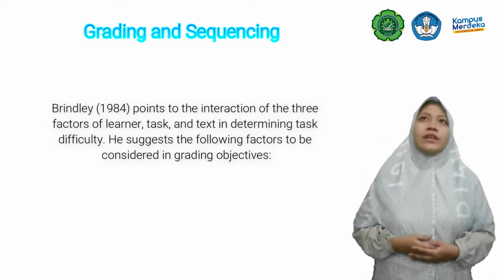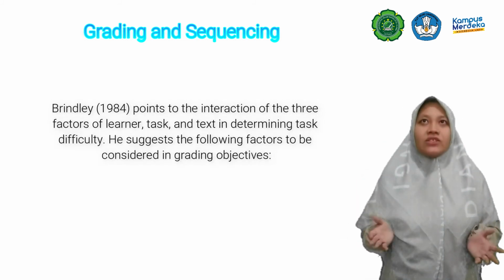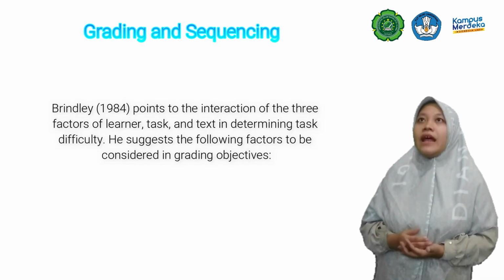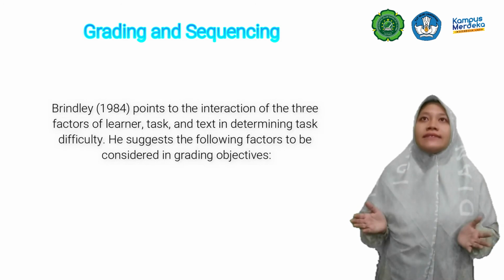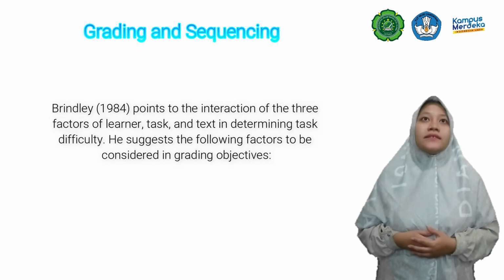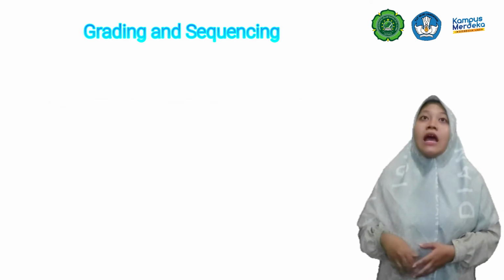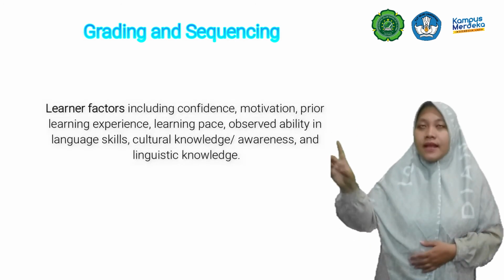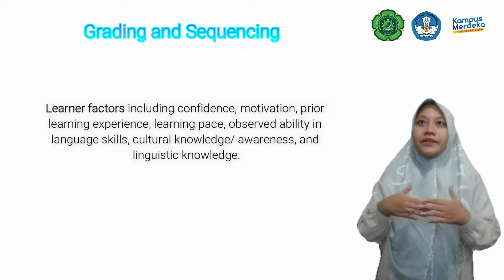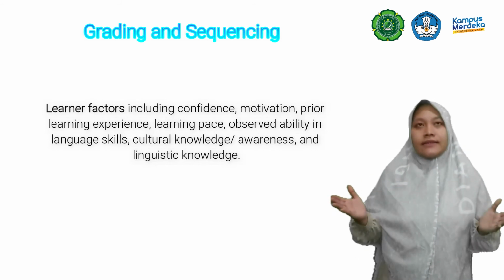And now we discuss the interaction of the three factors of learner, task, and text in determining task difficulty. So he suggests the following factors to be considered in grading objectives. The first is learner factors, including confidence, motivation, prior learning experience, and so on.